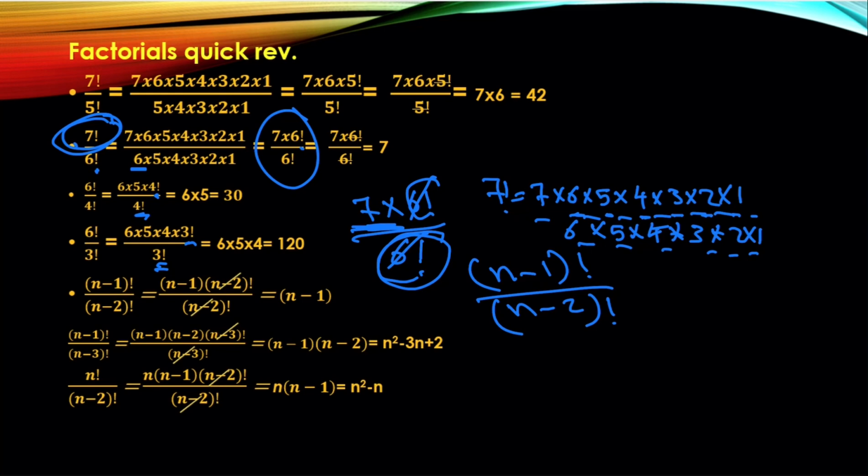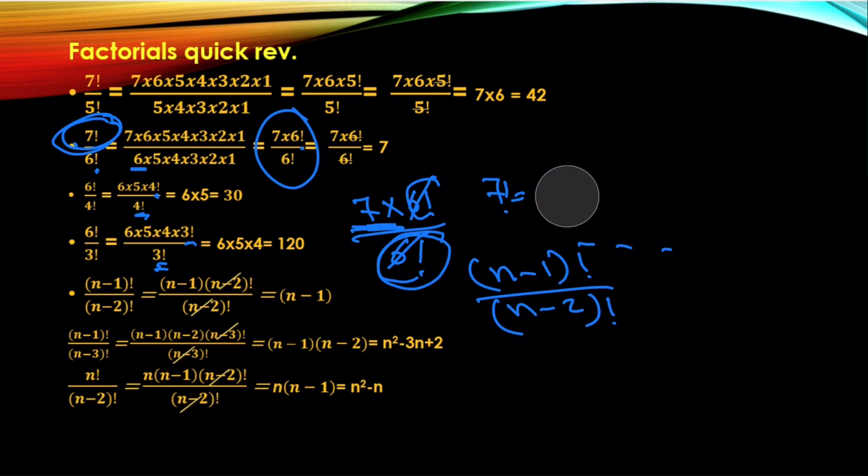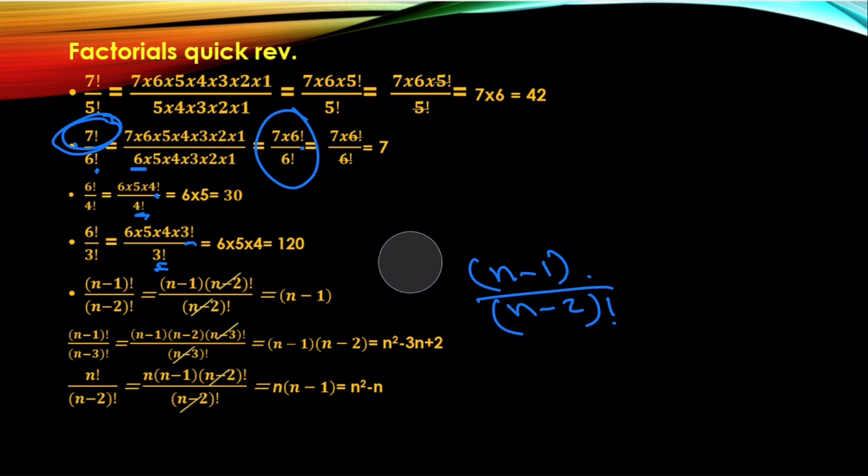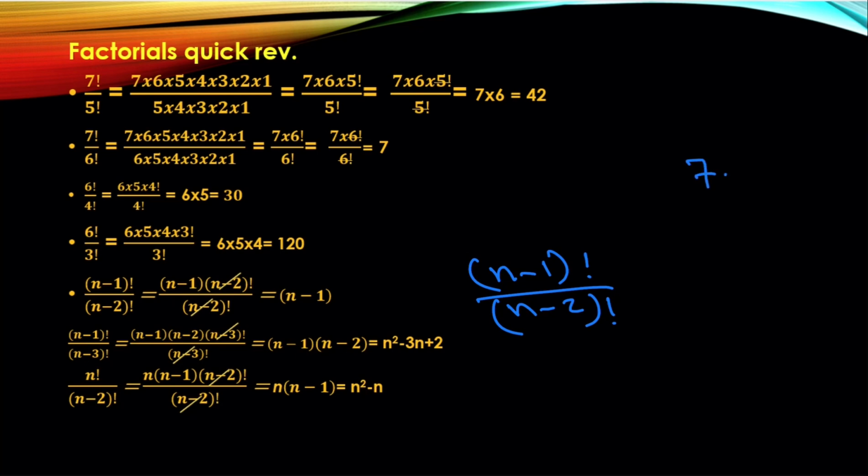So here, if I want to expand this one, I don't have numbers here, so which one do I have to expand? Shall I expand n minus 2 factorial or n minus 1? If you have 7 minus 1 and 7 minus 2, which one is bigger? 7 minus 2 is 5. 7 minus 1 is 6.